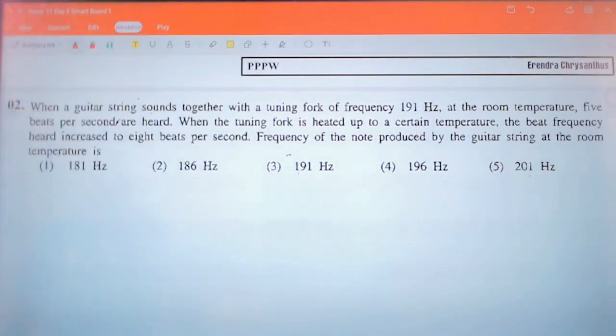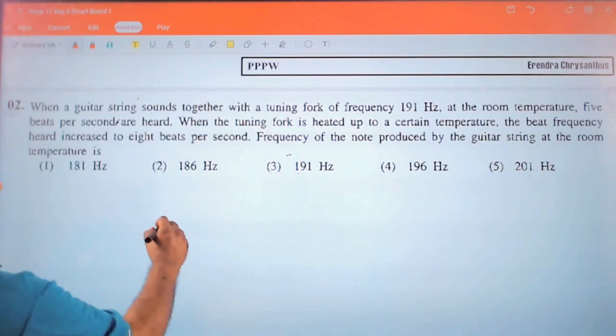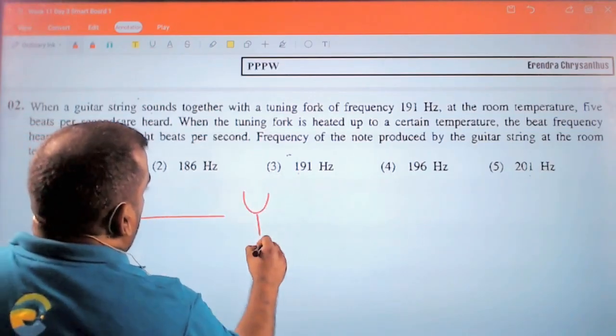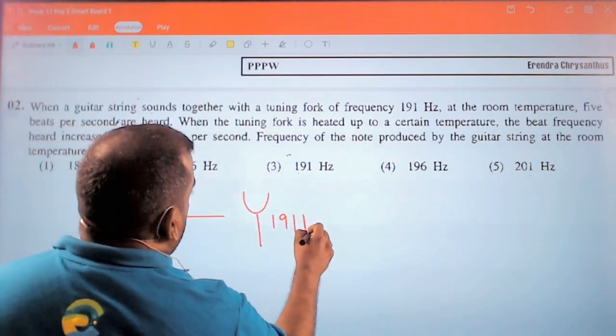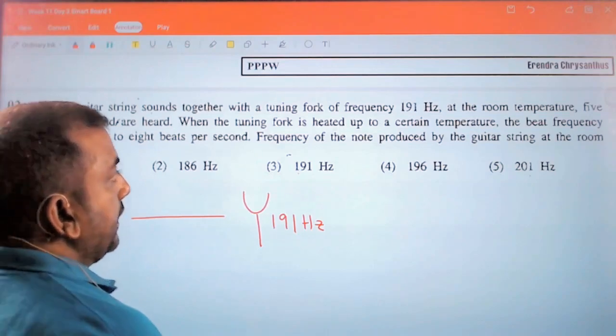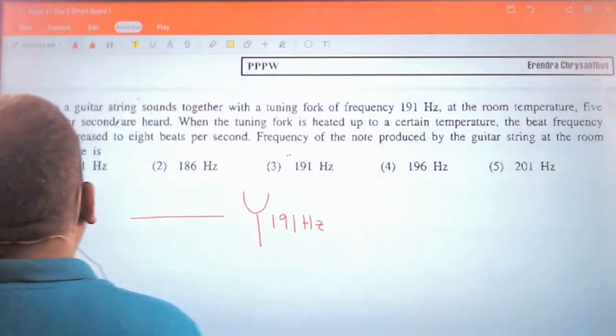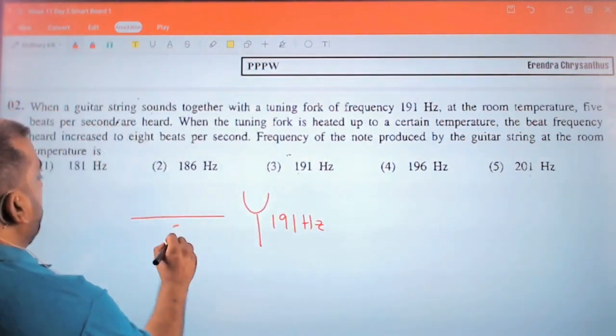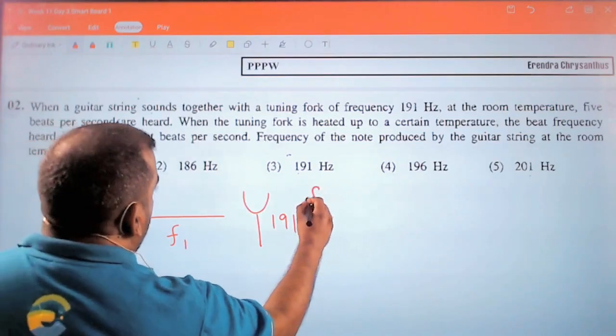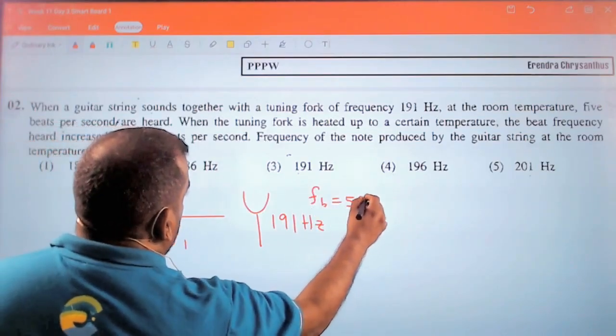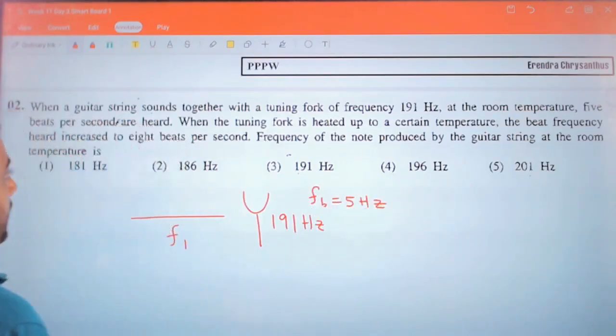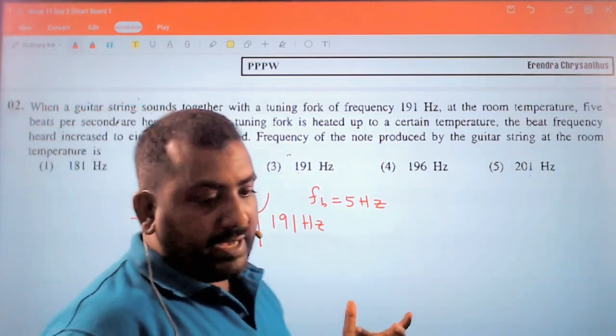When a guitar string sounds together with a tuning fork of frequency 191 Hz at room temperature, 5 beats per second were heard. When the tuning fork is heated up, what will happen?